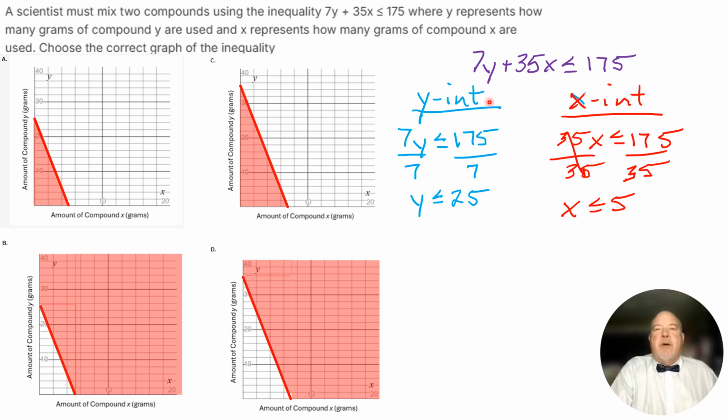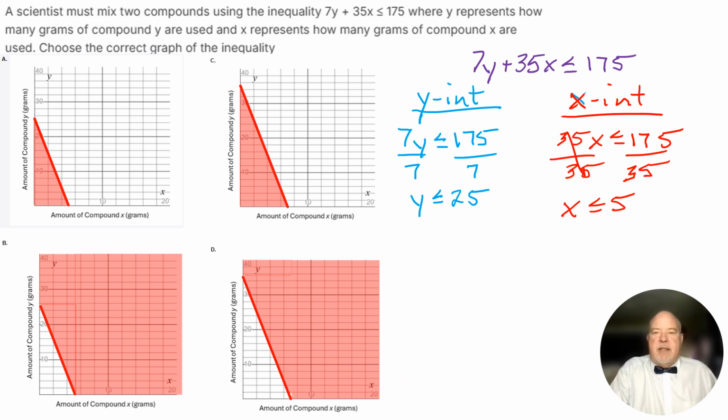So that's what I'm going to do. I'm going to plug in 0 for y, 0 for x, and see if it's a solution to this. If it is a solution, that means all the solutions are on this side. And so that would tell me it's answer A. If 0, 0 is not a solution, then that means the solutions are on the other side of the line, and that would be this side over here. And that would give me answer B.